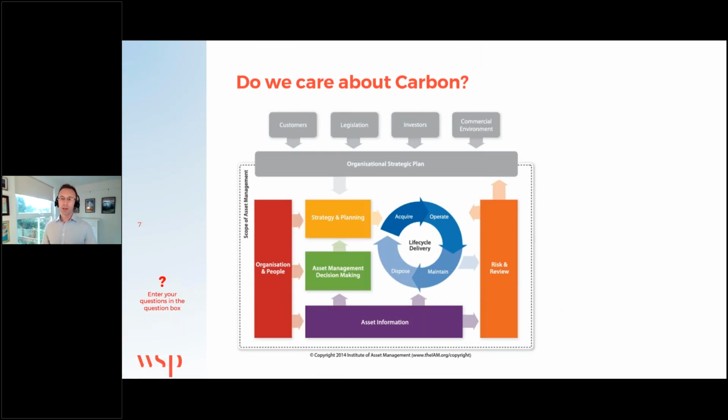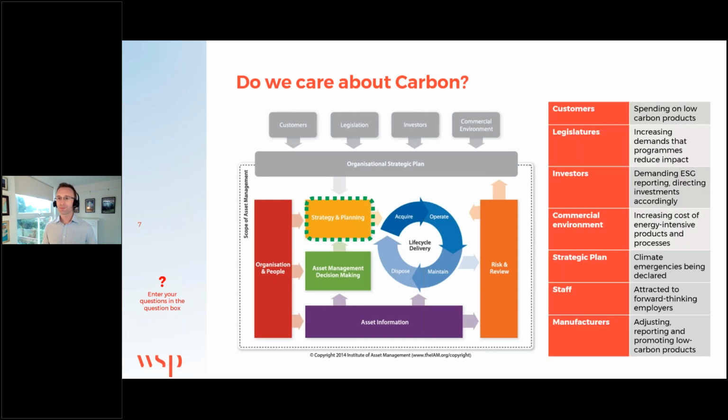But when we move on to talking about carbon, what are those criteria and where do they come from? There's a lot of criteria being leveled at these strategy and planning departments about carbon interests. For example, customers are making it clear that they want to spend their money on low carbon products. We're seeing more and more legislatures around the world demanding programs that reduce the impact of the infrastructure or the construction that's going on.